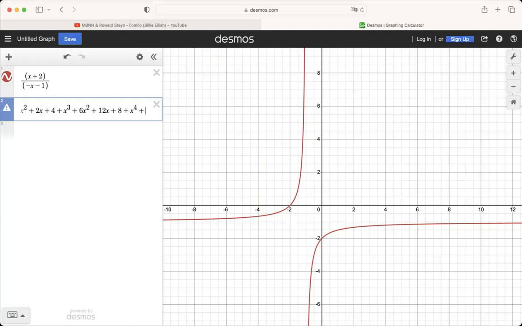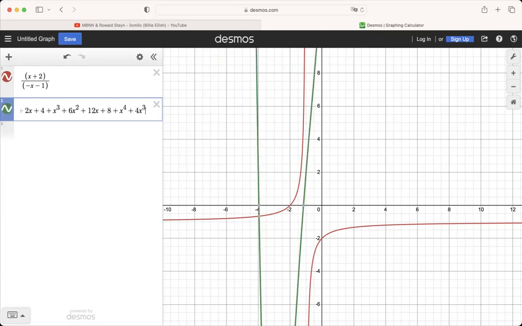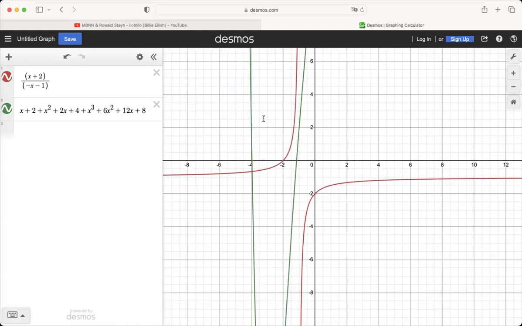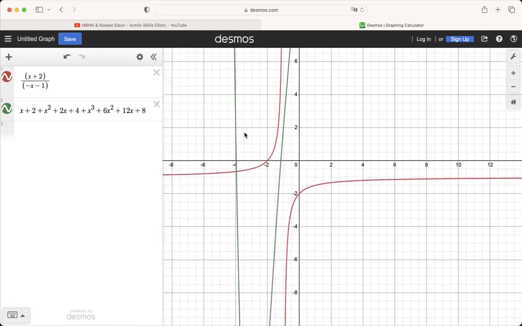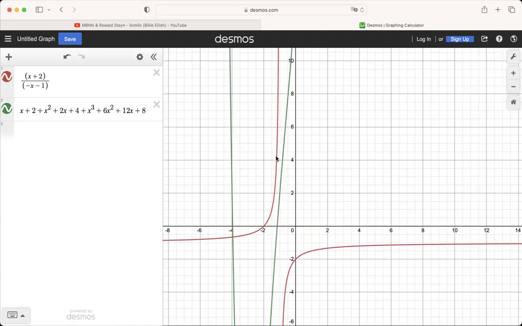Now let's see, 6x cubed. So this guarantees that as long as you are between -3 and -1, the graph approaches (x + 2) divided by (-x - 1). You can add more terms as well, everybody, right?